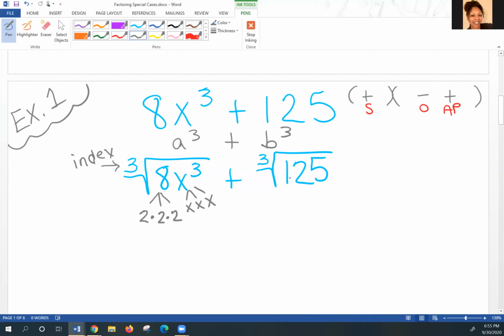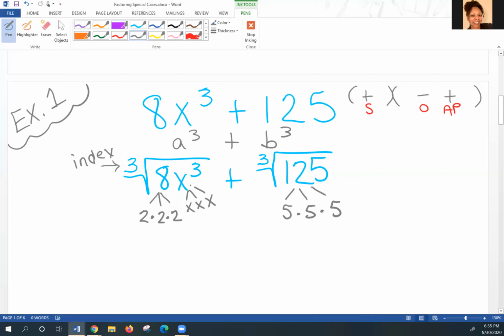And now if I can do the exact same thing over here, then that means it qualifies to follow this rule. And I can do 5 times 5 times 5. And in the calculator, all you have to do is the cube root of 125. You may have to press your second or shift button in order to access this cube root.